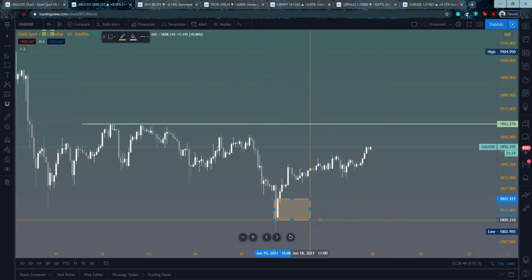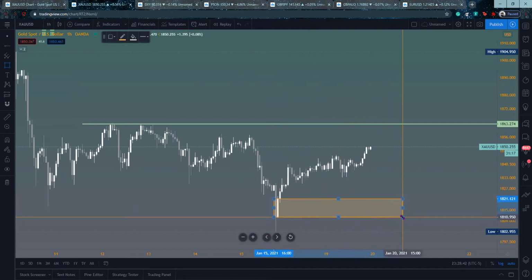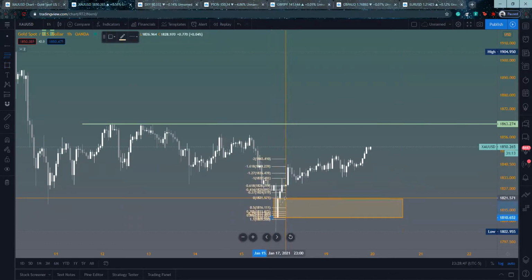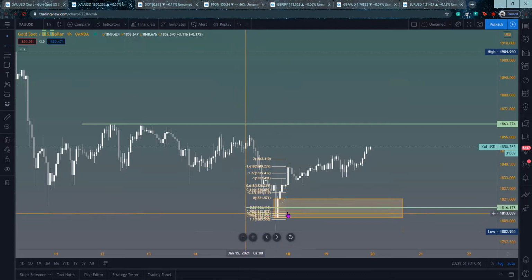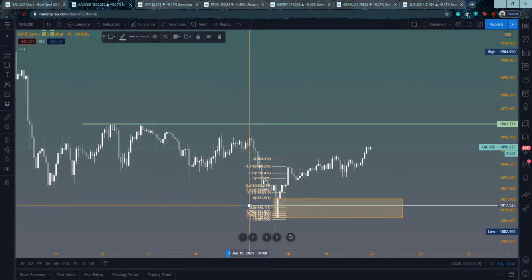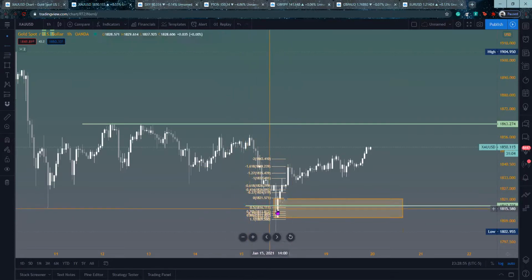Meaning, all of this. I think I would only go for the 50% of it. I wouldn't go for anything higher, simply because of the risk factor involved. There you go. I'd only go for about that.